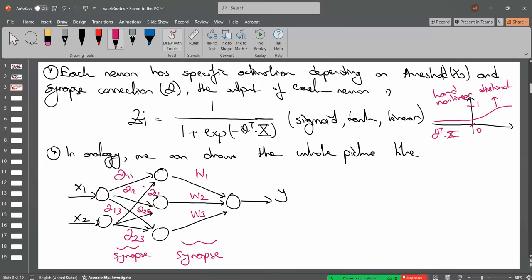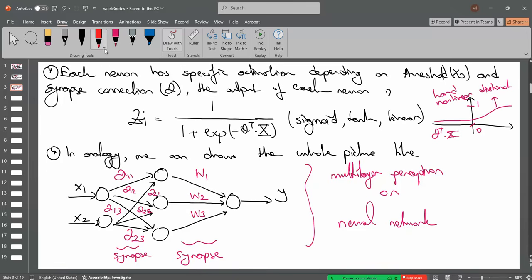Each neuron can be considered as a perceptron, but in total form, we have multiple layers here, just like this one. This is the multi-layer perceptron, or the neural network. This is the graphical definition of the neural network.